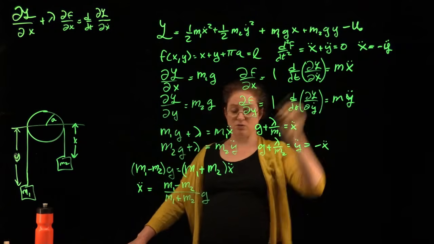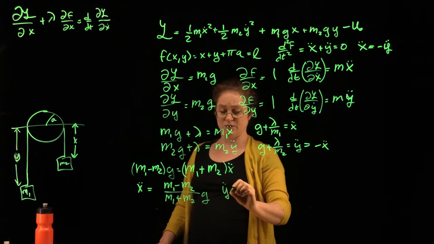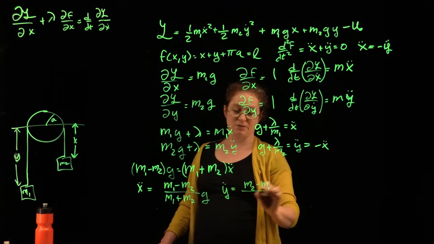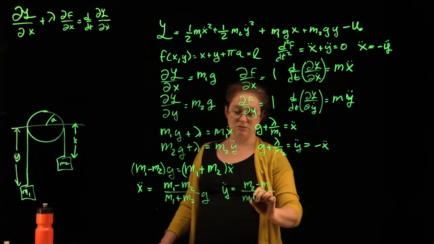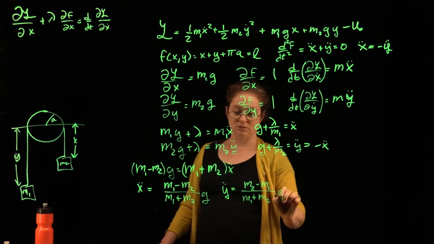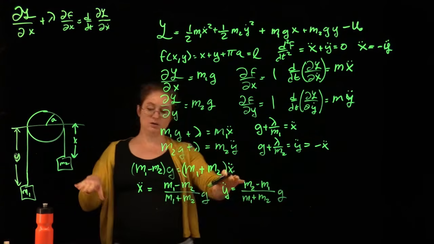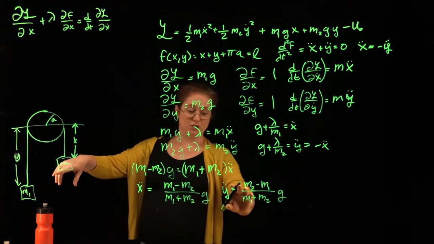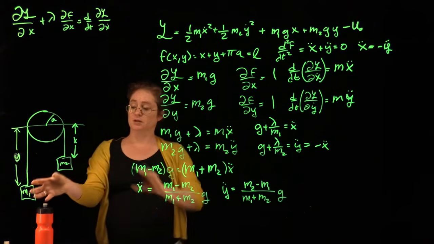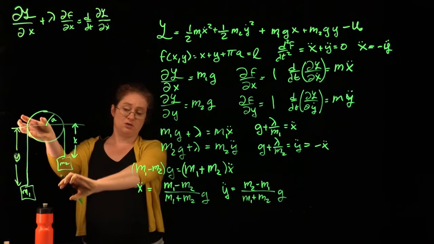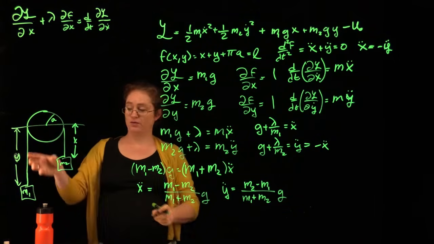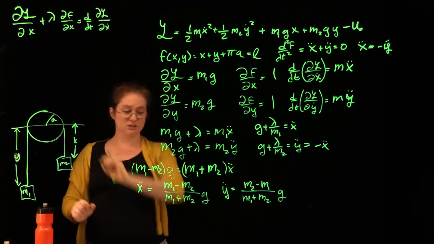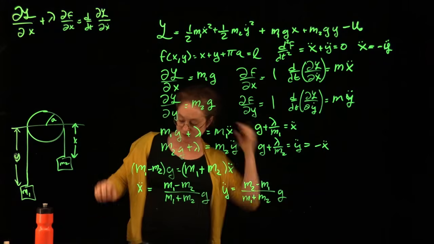I can use this equation to get y double dot, equal in magnitude and opposite in sign. That tells you that if m2 is larger than m1, y is going to increase. If m2 is less than m1, y is going to decrease. And vice versa for x.